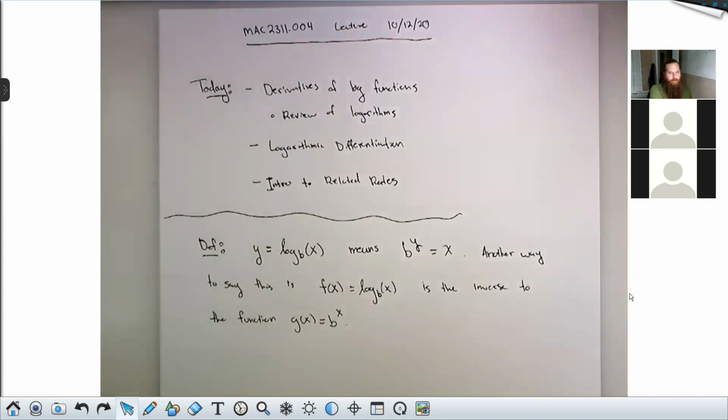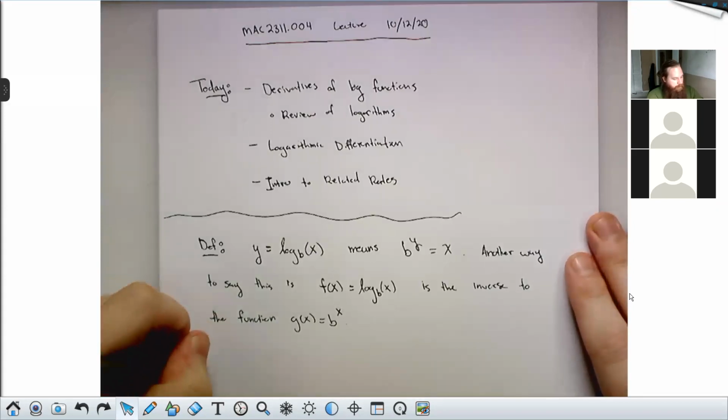So this is the definition of the logarithm, but it's fairly terse, and you might not see exactly how to, for example, compute the base 3 log of 27 from this. So I want to look at an example or two and remind you how that goes. Of course, some special notation.